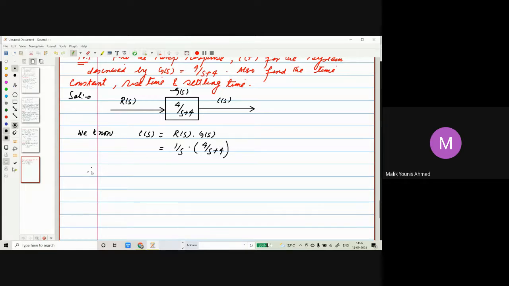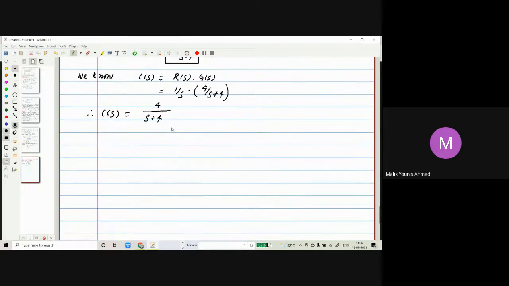So therefore C of S can be written as 4 divided by S into S plus 4. Now for this, we can use partial fractions: A by S plus B by S plus 4.